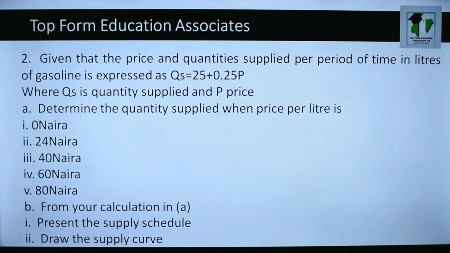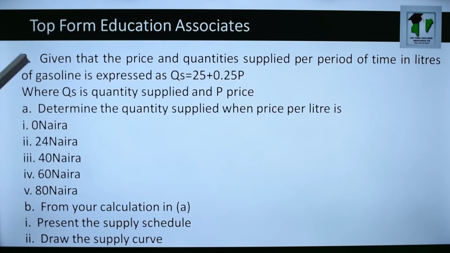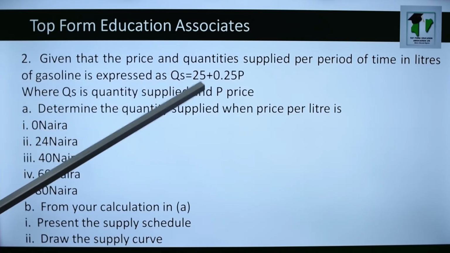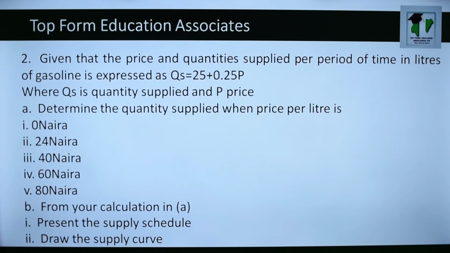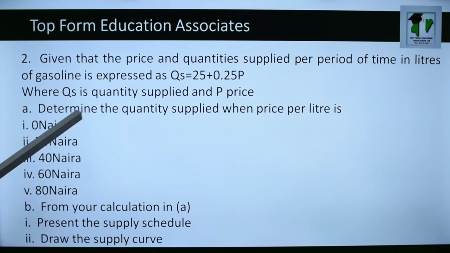Another example. Given that the price and quantity supplied per period of time in liters of gasoline is expressed as QS is equal to 25 plus 0.25p, where QS stands for quantity supplied and P is the price. A question says, determine the quantity supplied when price per liter is 0 naira, 24 naira, 40, 60, and 80 naira.